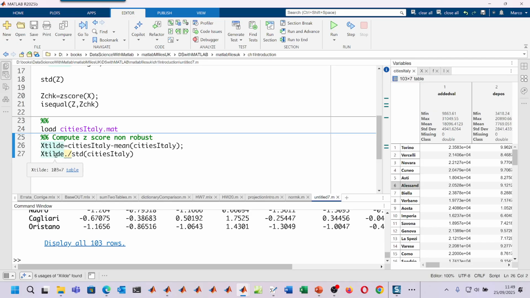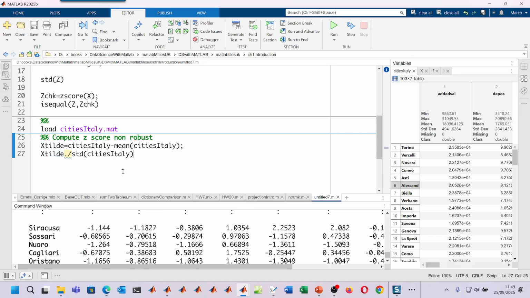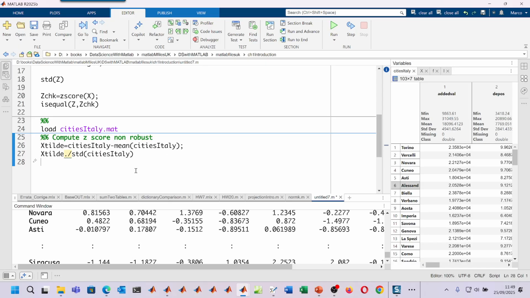So x tilde divided by the standard deviation of Cities Italy, and so it still works because you have the same columns, the same names of the columns, the same variables' names.